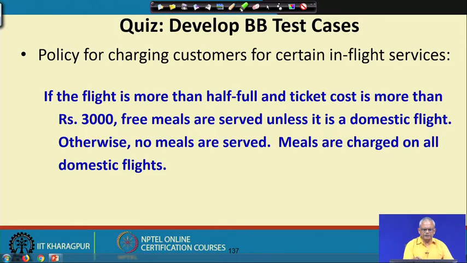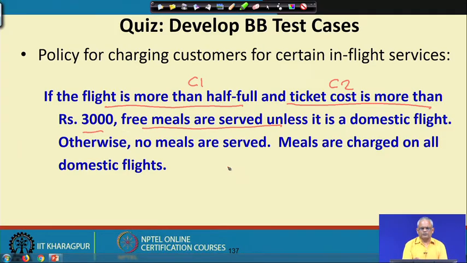The specific conditions here are whether the flight is more than half full, which we will write as condition 1, and whether ticket cost is more than 3,000, which we will write as condition 2. The actions are whether a free meal is served or a meal is served, and whether it is a domestic flight.